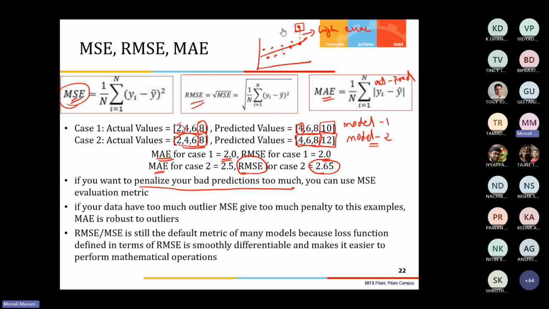That means when you have a lot of outliers in the data set, the mean square error will go high because of these outliers. If your outliers should not dominate the error metric, then we can use the mean absolute error.